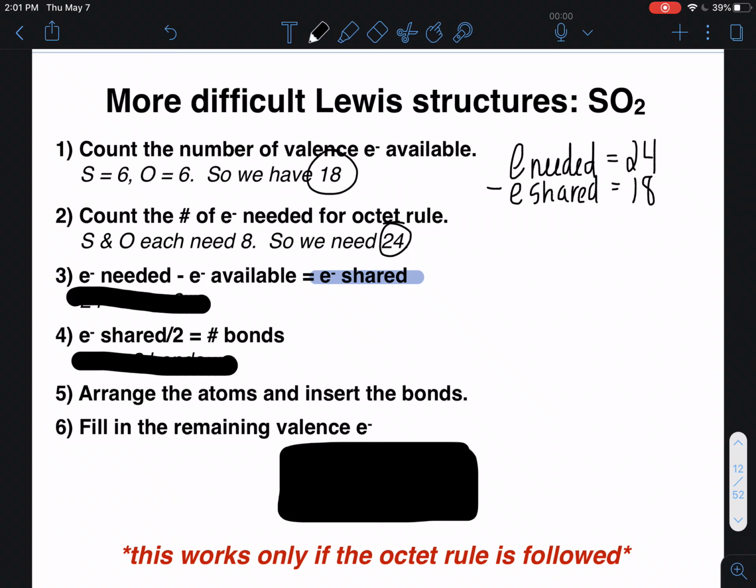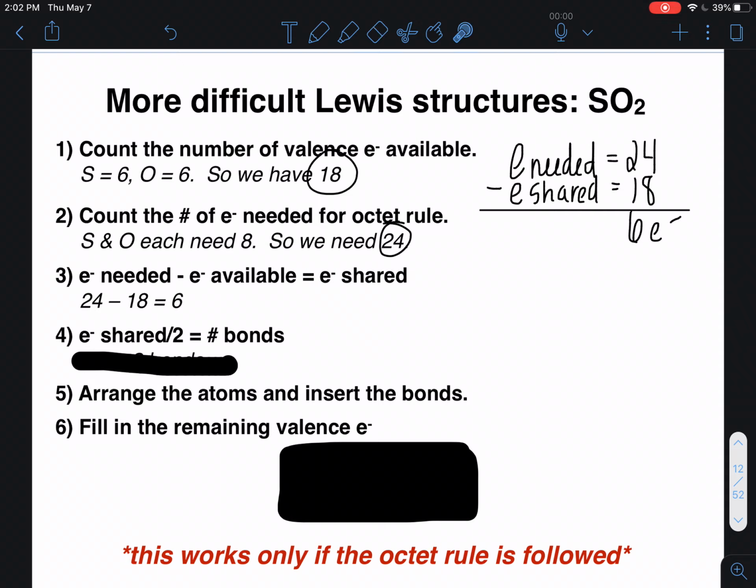That's how many we have to work with. And that gives us 6 electrons. So this says that in this structure, 6 of the 18 electrons we have are going to have to be shared in order for everybody to have a full octet.